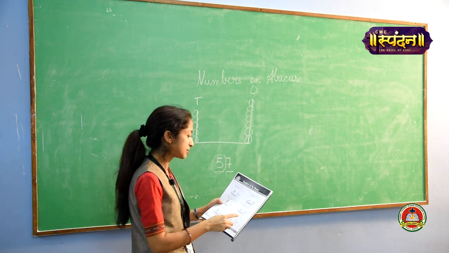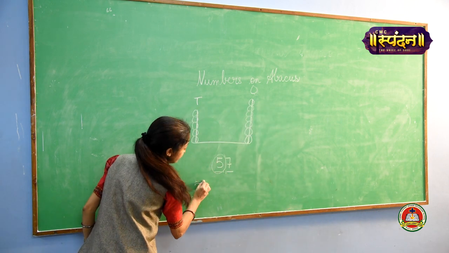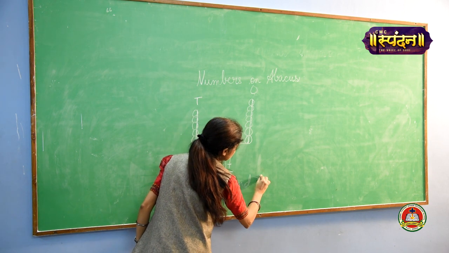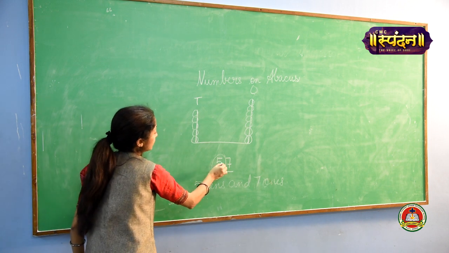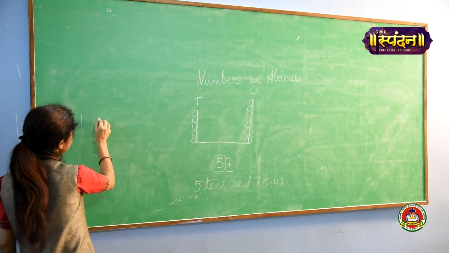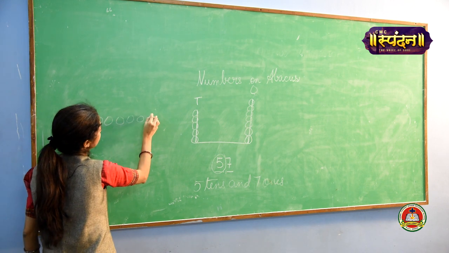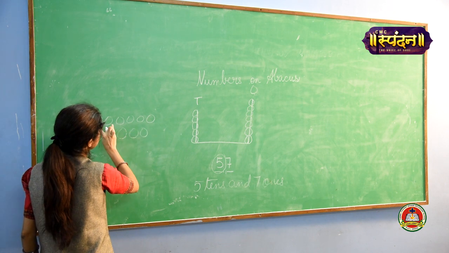Now next you can see here it is 5 tens and 7 ones. That means here are 5 groups of tens. 1, 2, 3, 4, 5, 6, 7, 8, 9 and 10.